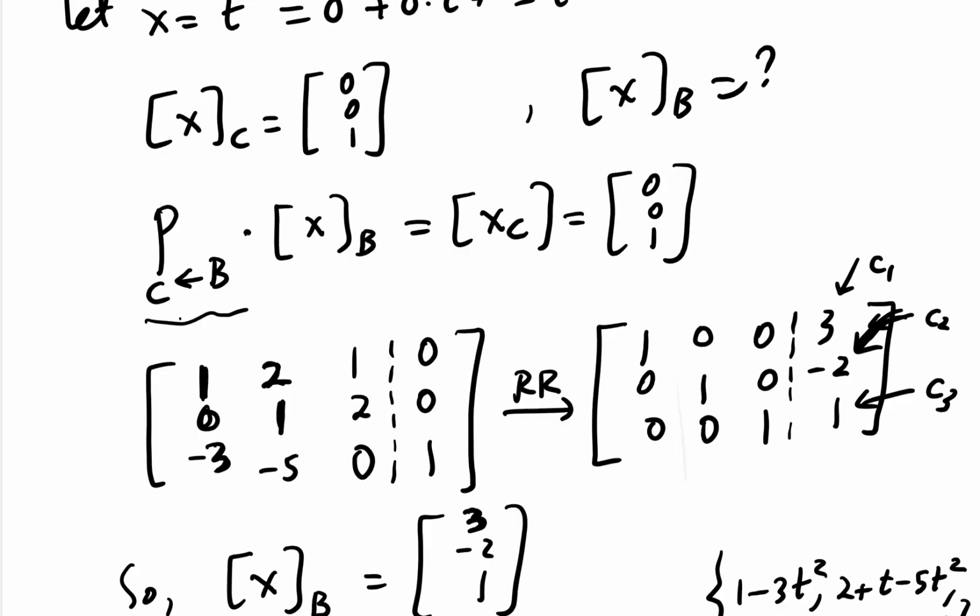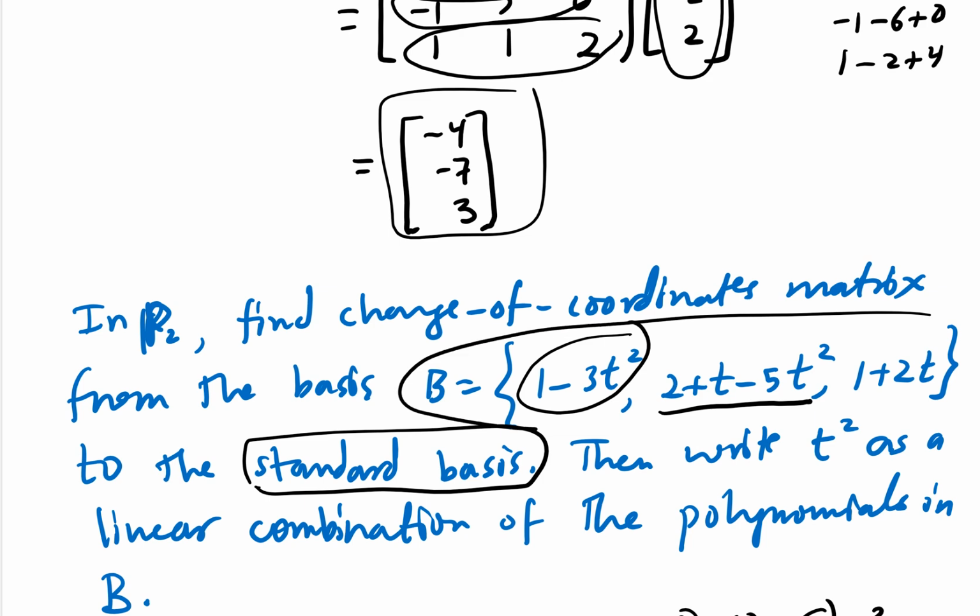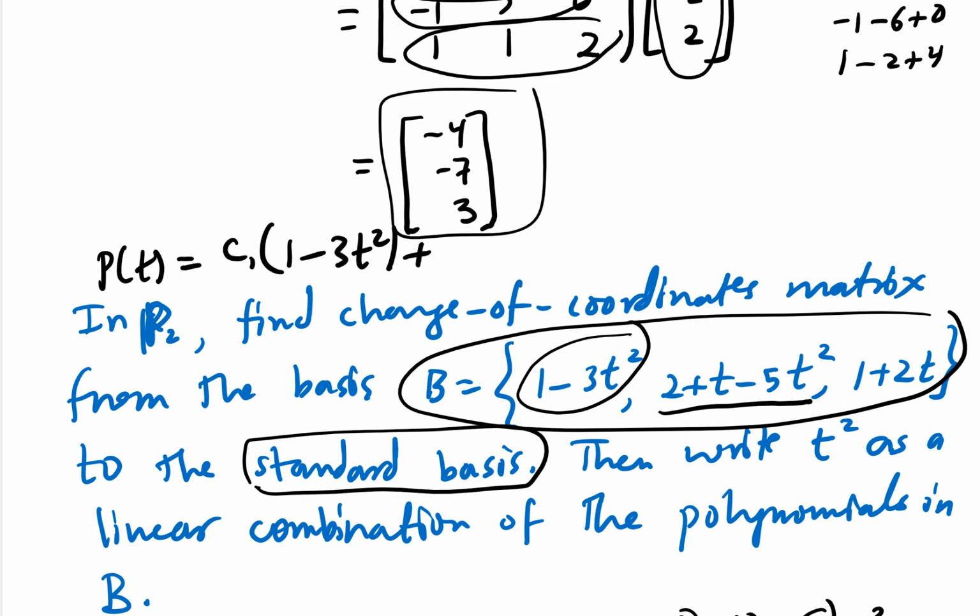So again, B was given here, as you see. The basis B is this. To write any polynomial as a linear combination of these, you take the polynomial they're asking for, call it p of t, and you want to find c1 times 1 minus 3t squared plus c2 times 2 plus t minus 5t squared plus c3 times 1 plus 2t.